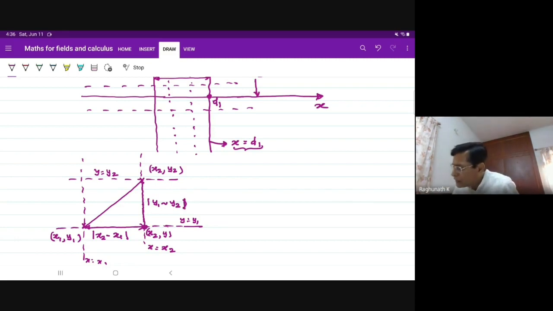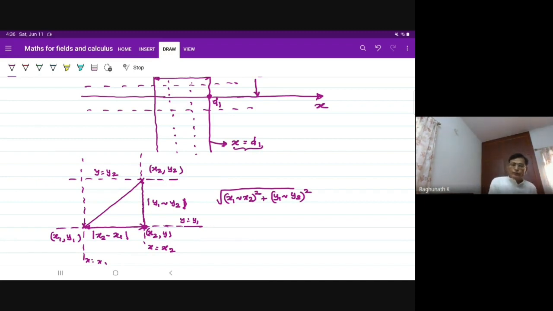The distance between these 2 points now is x1 difference of x2 whole squared. We need not take modulus because anyway we are squaring it through Pythagoras theorem, plus y1 difference of y2 whole squared. Is the distance between the points x1, d is equal to this.